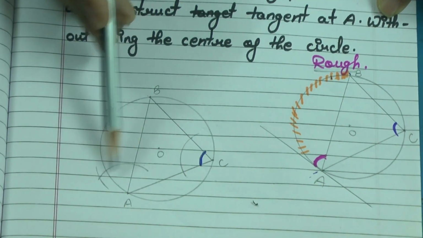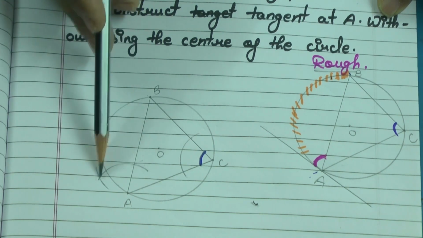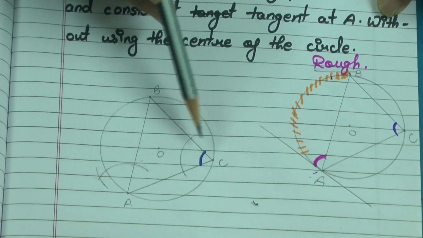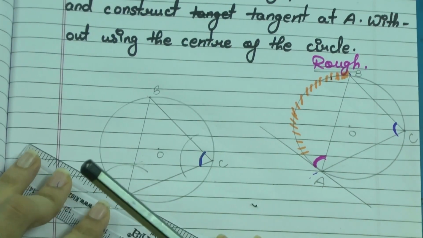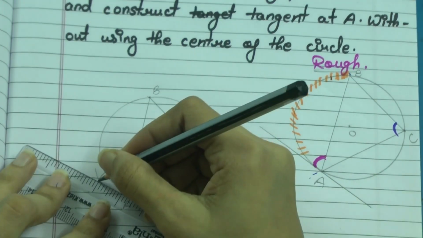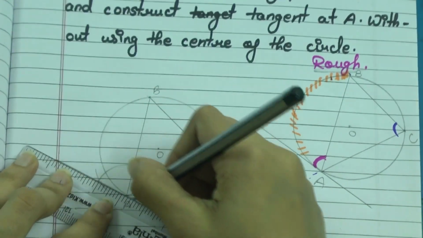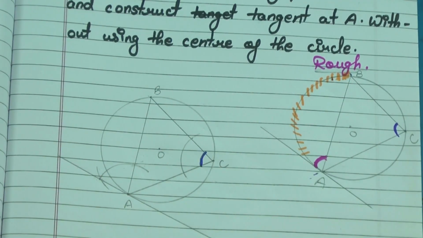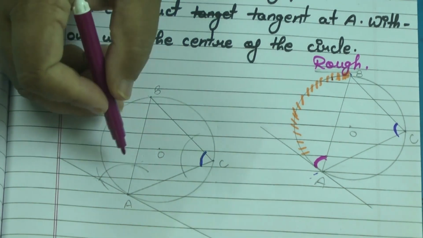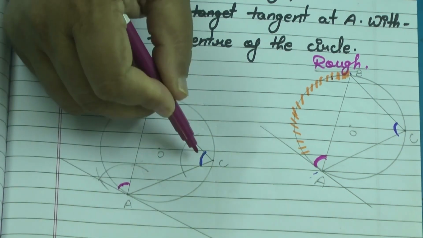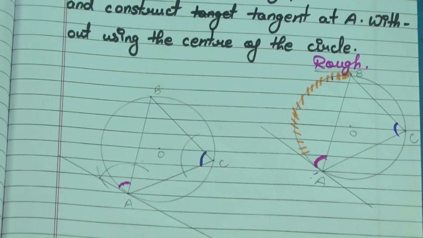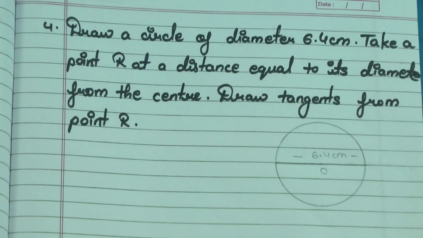That means we got the measurement of how much the angle would be at C. Now join this point and this point. Very carefully join, children. Yes, this is the required tangent without making use of center. So this angle and this angle are equal to one another.